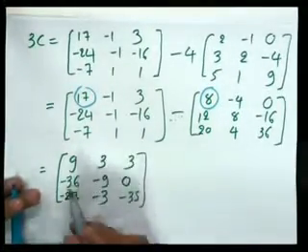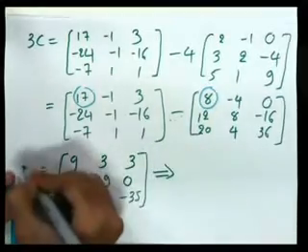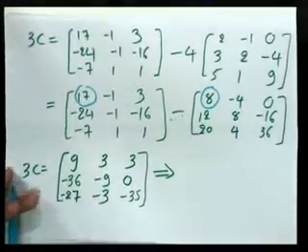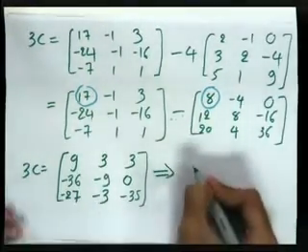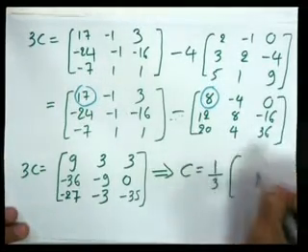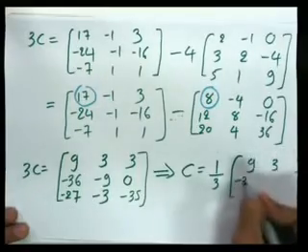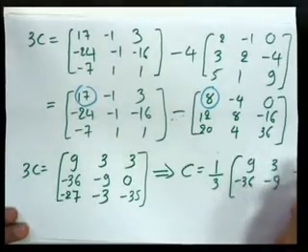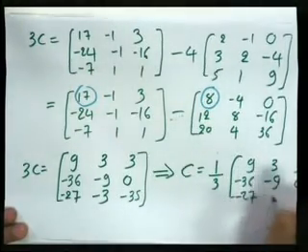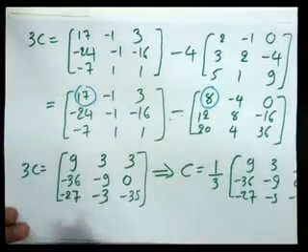This is equal to 3C, and we need to find C. So C is equal to 1 by 3 times [9 3 3; minus 36 minus 9 0; minus 27 minus 3 minus 35].